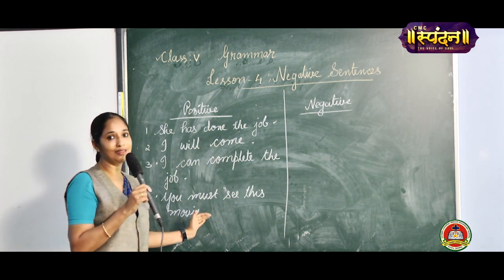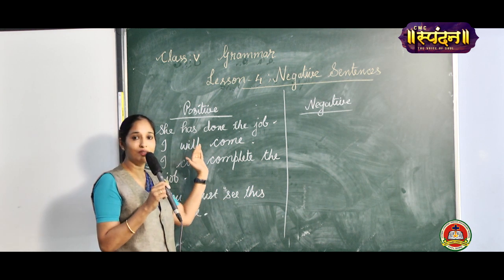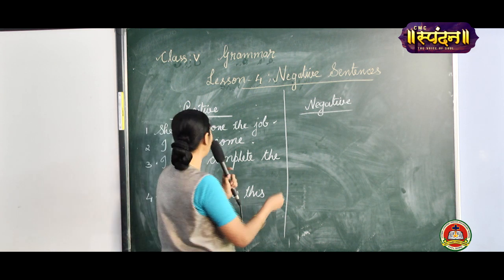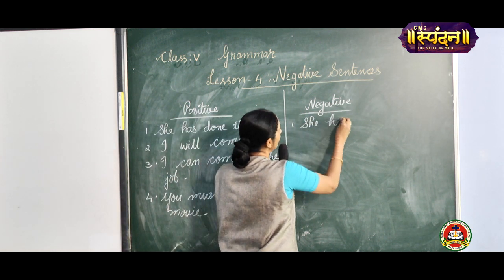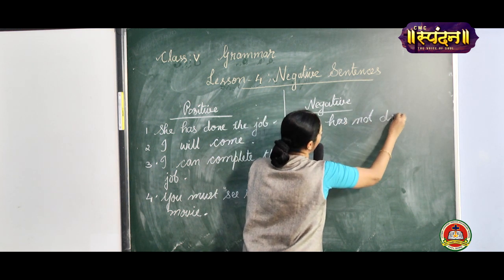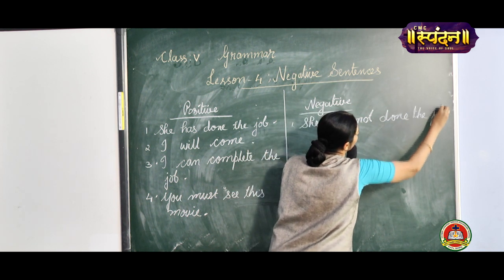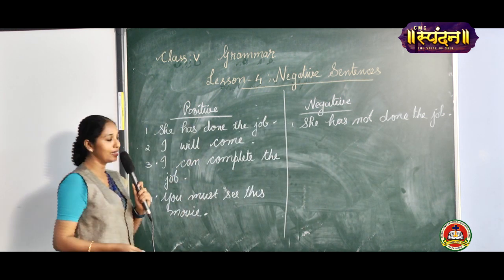All these sentences I have picked have an auxiliary verb and a main verb. So the first one, she has done the job. She has not done the job.